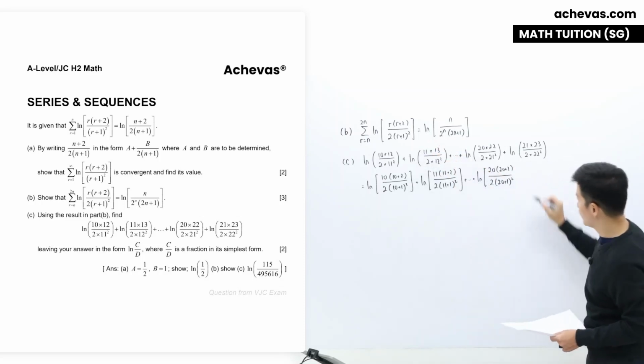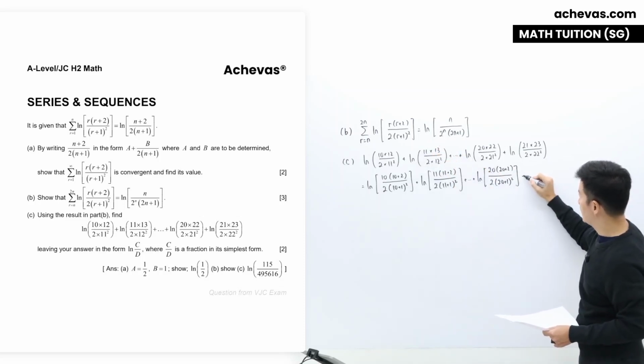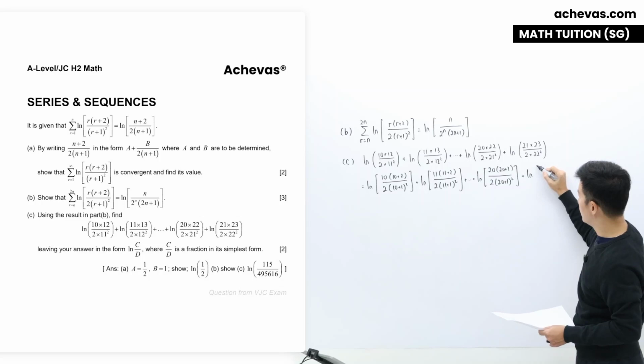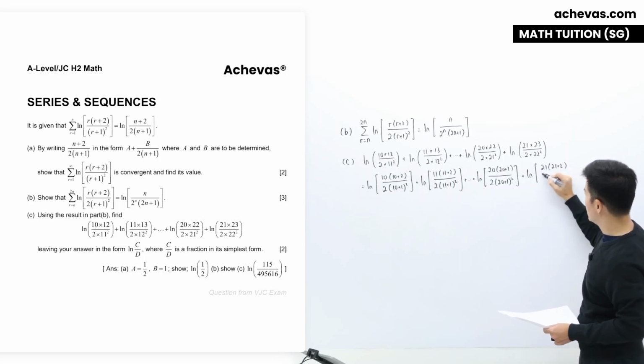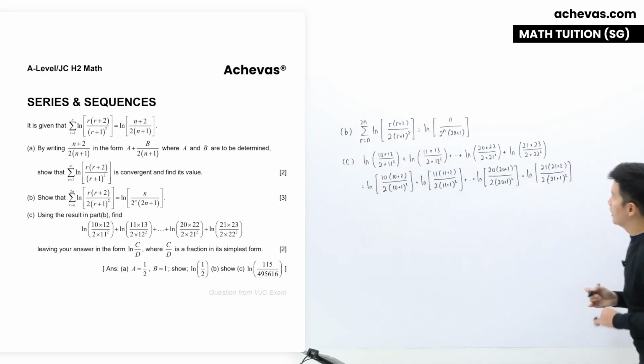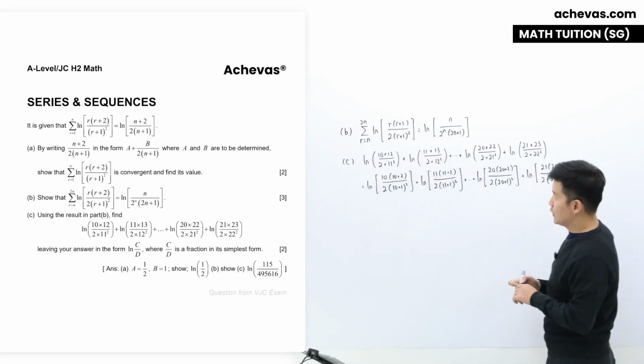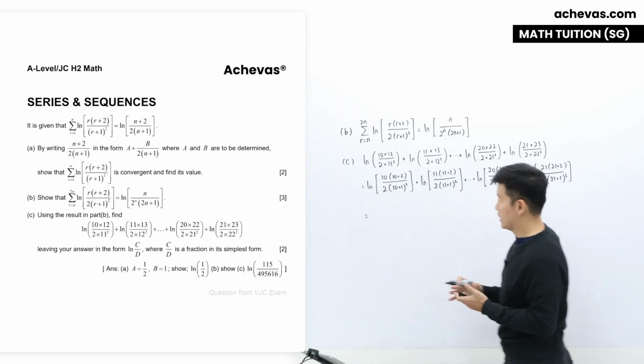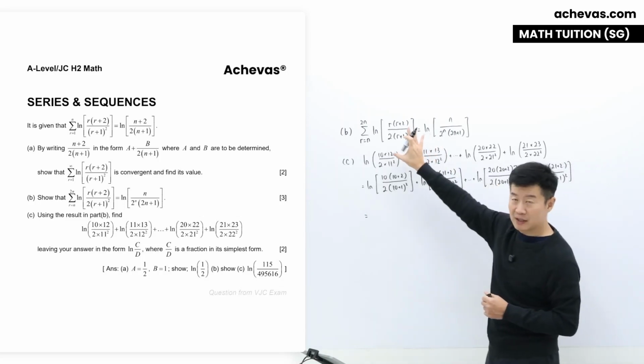Okay, still good. And for the last one here, it is going to be ln of 21 times 21 plus 2 divided by 2 times 21 plus 1 squared. Still synchronizing to this. And we are going to now rewrite this into the sigma notation to make it look like this.